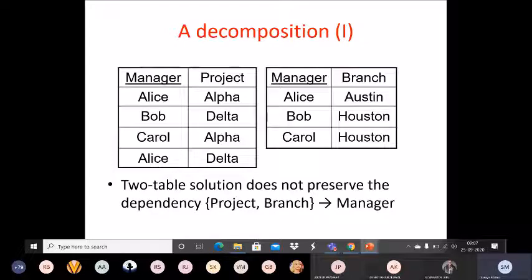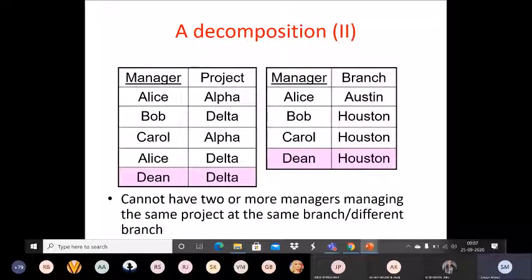Now if you put one data here, we have put Dean Delta, Dean Houston. You have put one data, but think about the anomaly that occurs here. Why? Because we cannot have two or more managers managing the same project.